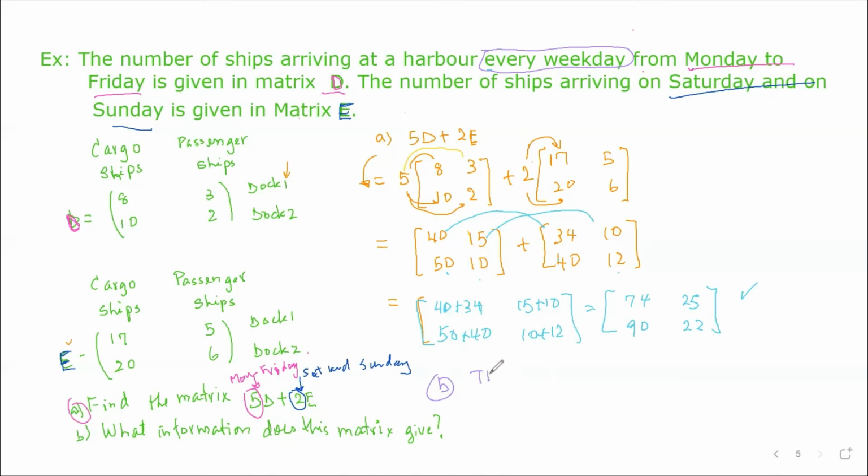So total, this is simplified now. So you can see this matrix represents the number.